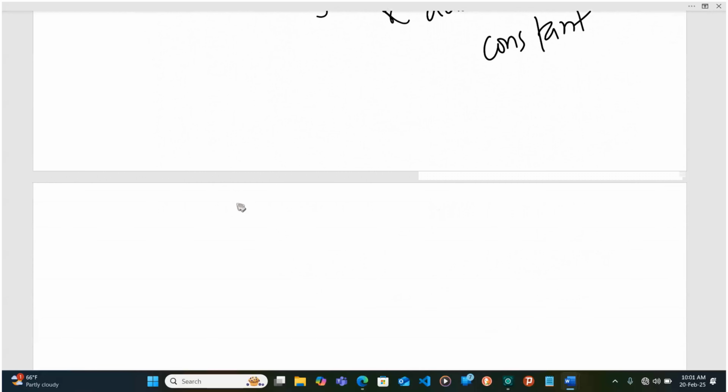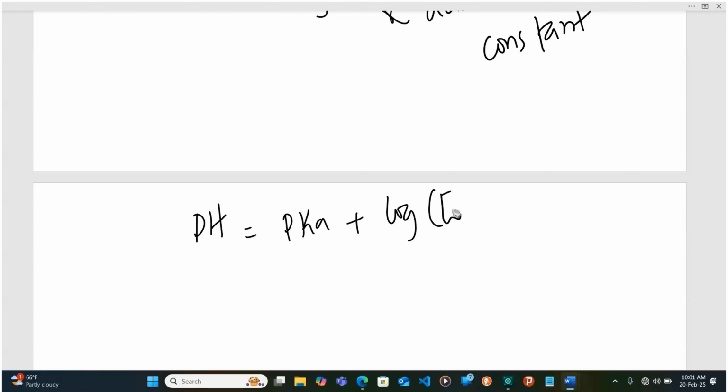Now, if we're talking about a buffer solution made from a weak base and its conjugate weak acid, then we modify the Henderson-Hasselbalch equation. This is going to be pKa plus the logarithm of the concentration of the weak base divided by the concentration of the conjugate acid.